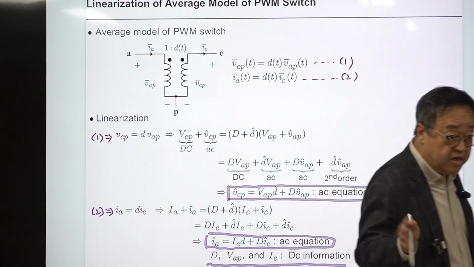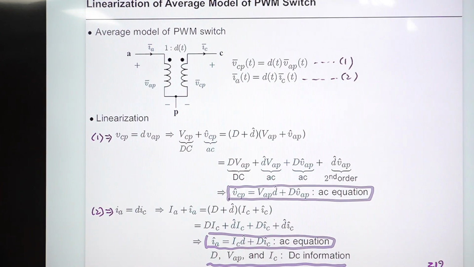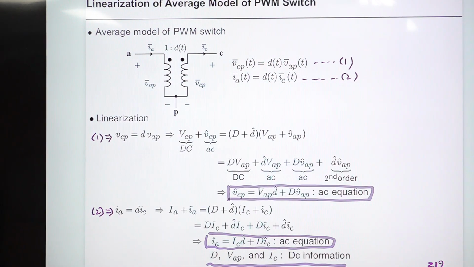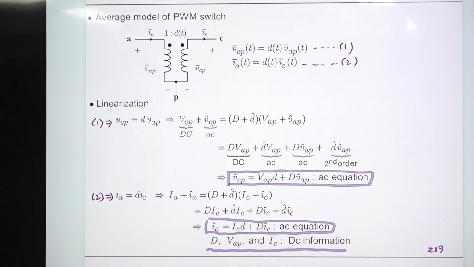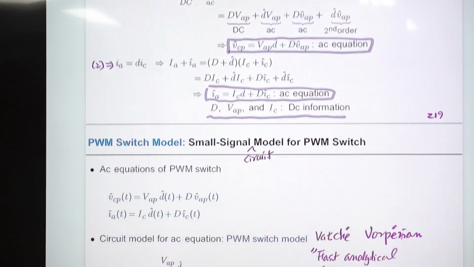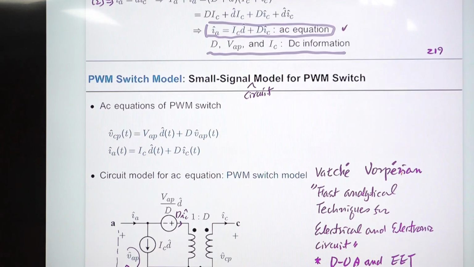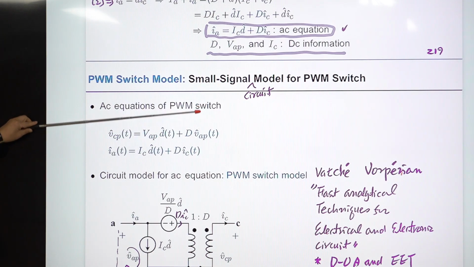For a linearized nonlinear equation, always carry this DC component, otherwise something is not right. So this is very easy, and these 2 AC equations are combined together. This is the AC equation of the PWM switch.